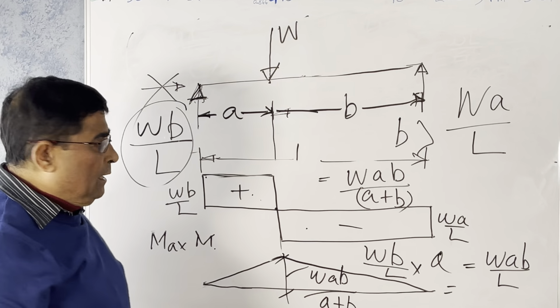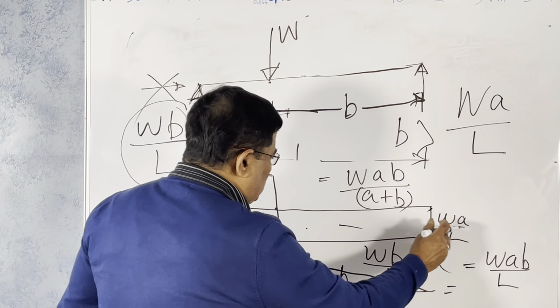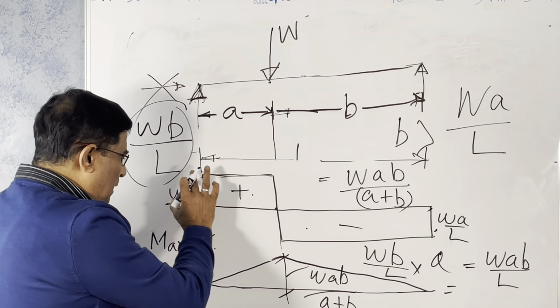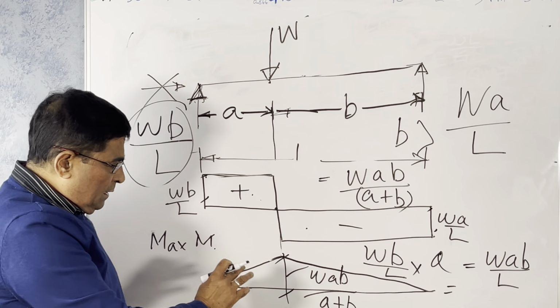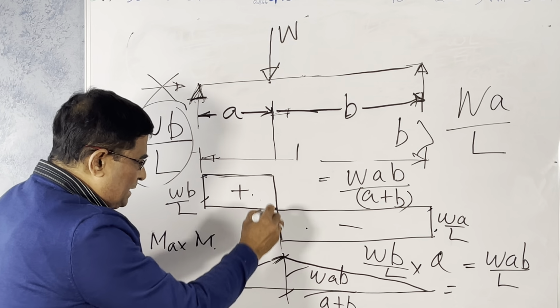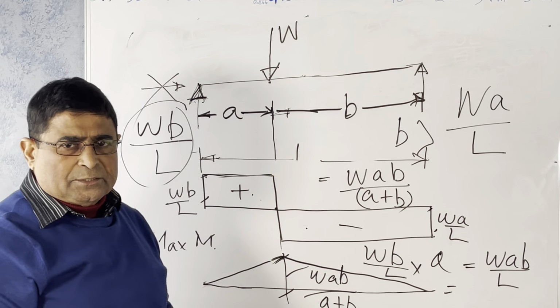Always, shear force is maximum at the support. Out of these, whichever reaction is more, that is the maximum shear force. And for the moment, where the shear force changes its sign, there your moment is maximum.